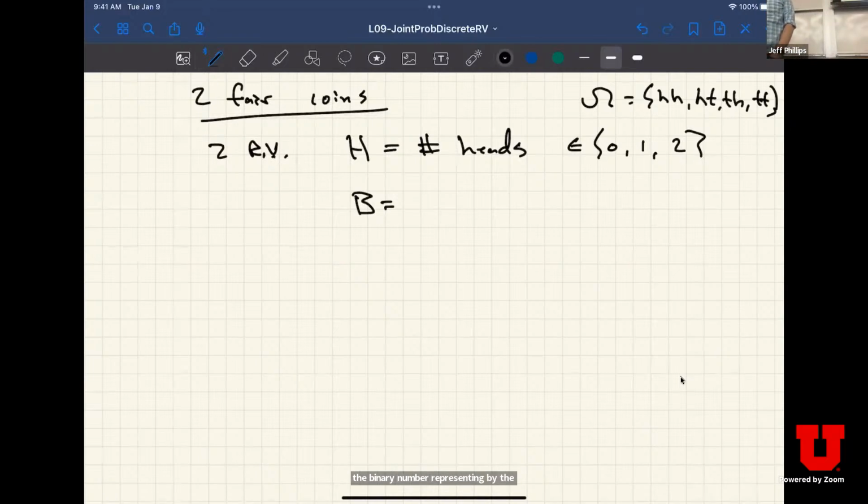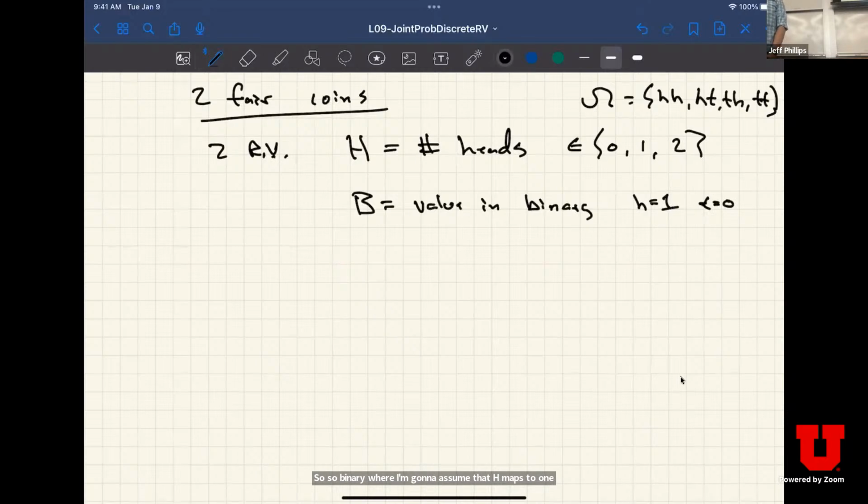This is the value in binary, where I'm going to assume that heads maps to 1 and tails maps to 0.